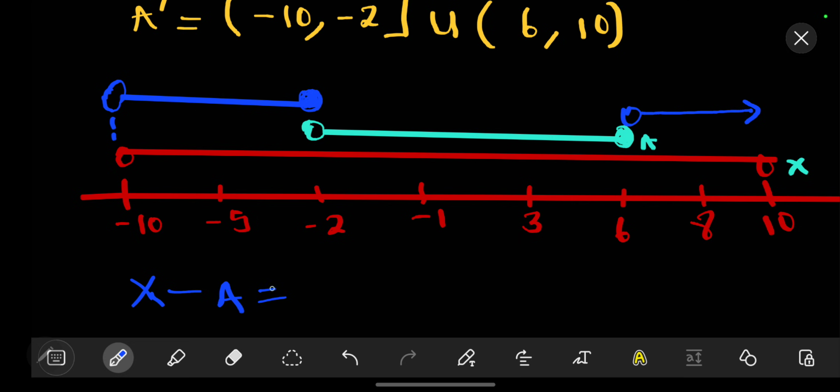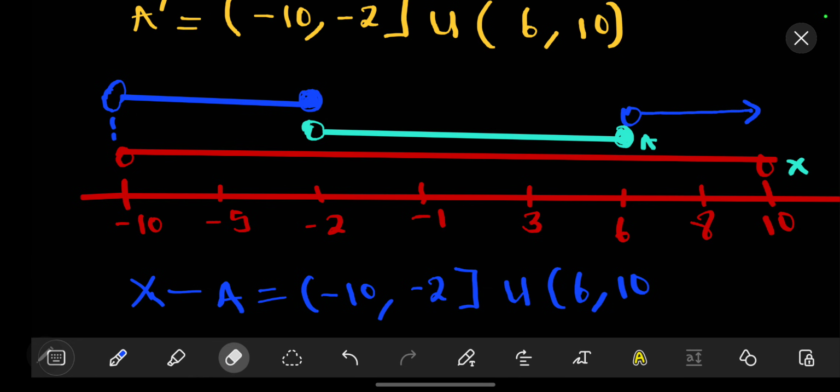Then this will be equal to, so the smallest is negative 10, which we are going to go there. So we are going to open negative 10, then we have comma negative 2, which should be included. Then we are going to say union of, we have our point, which is our 6 not included, up to 10.